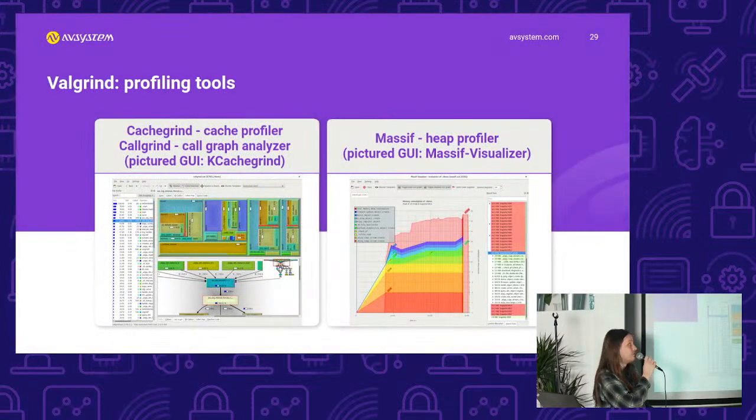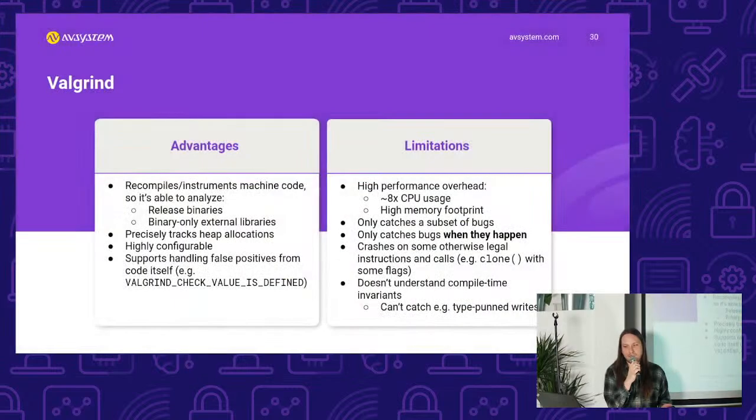Like I said, there are other tools, like you can use cachegrind and callgrind to profile your code basically and see what calls where. You can use massif if you are using heap, which you probably don't on embedded, but if you do, then you can see a plot of heap usage and what allocates how much memory and so on. Like I said, Valgrind has the advantage that you can just test anything with it.